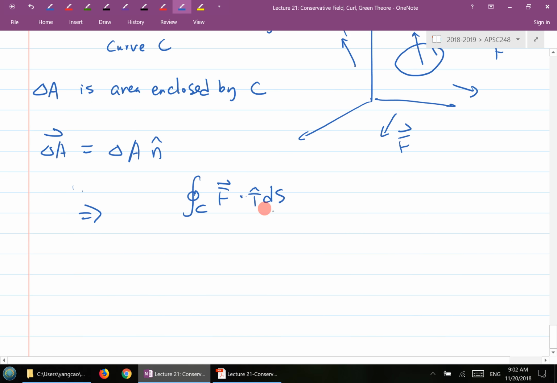The top one you could just write as ds, but anyway, that's fine. As we said, this quantity is the circulation around the curve C.